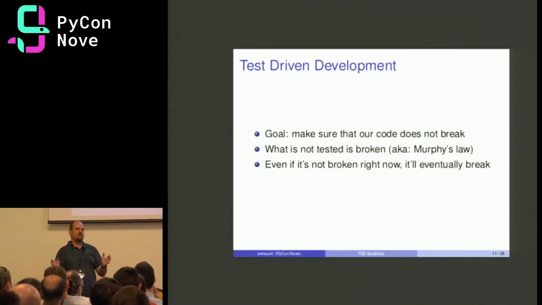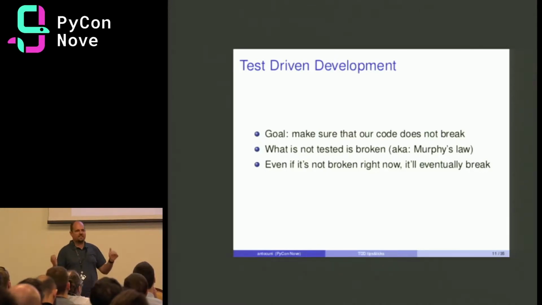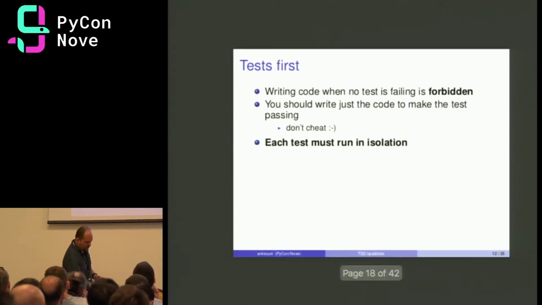As soon as you have a code base which is millions of lines of code or even less, it's very easy to break things because it's impossible to understand all the possible code paths and dependencies, etc. So you should write a test to ensure that in the future your code will not break.